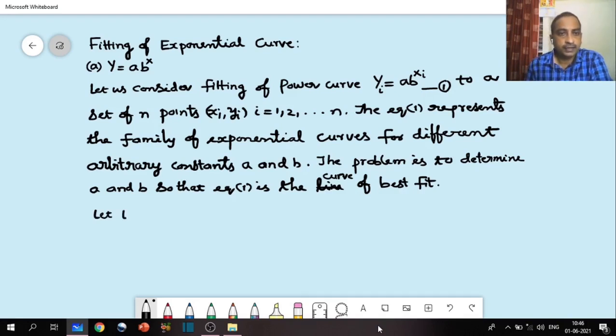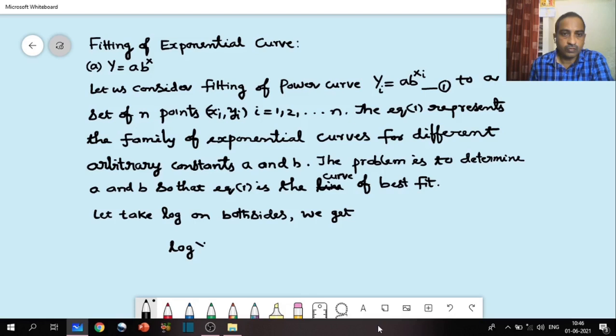Let us take log on both sides. We get log yi equals log of a b power xi.